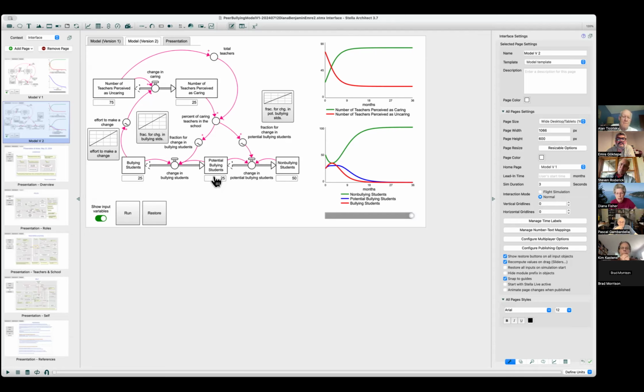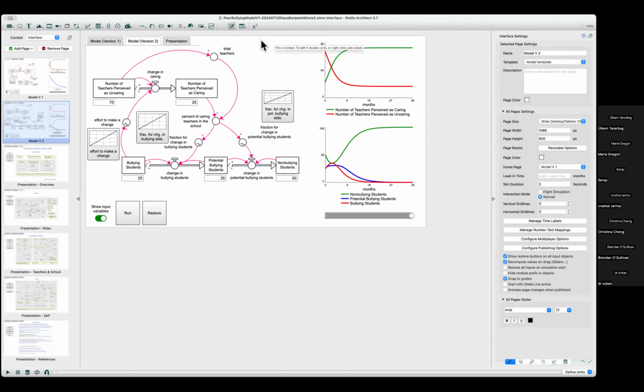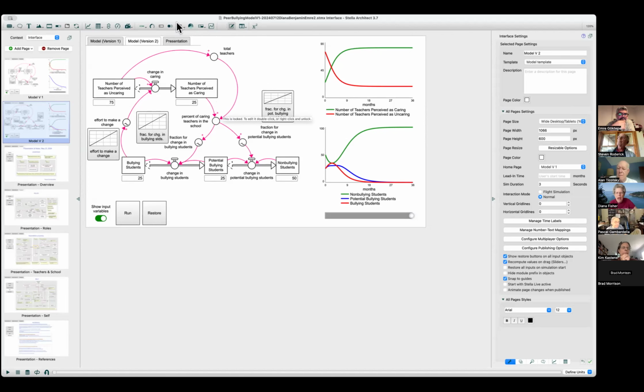Absolutely. I think the school culture is what's going to affect how teachers move from uncaring to caring. I think we might have another set of stocks above the caring and uncaring teachers that could be the school environment. We didn't want to add too much extra immediately, but if you feel that's really the next step, we could certainly put that in.